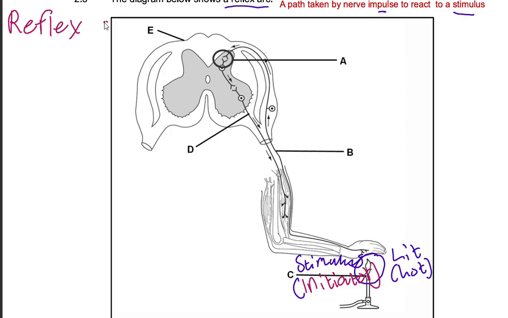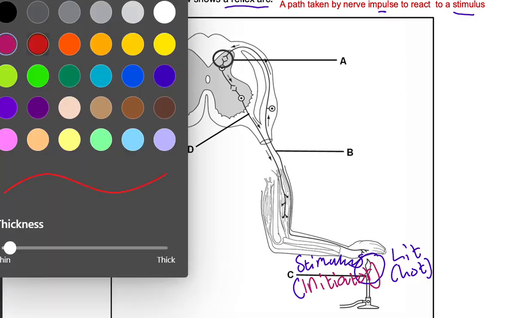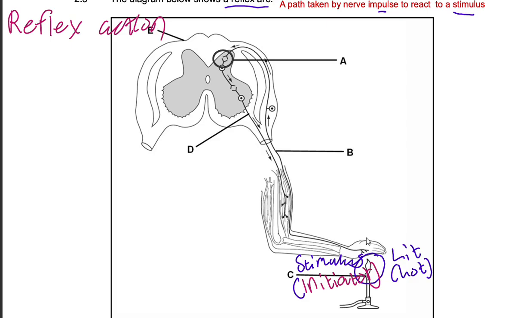A reflex action. Now, of course, looking at this diagram, you can see that we have a hand that is put on top of this well-lit candle. And since we know that this well-lit candle is hot, what would happen when this hotness becomes intense for this person's hand? This person would remove their hand away from the flame.